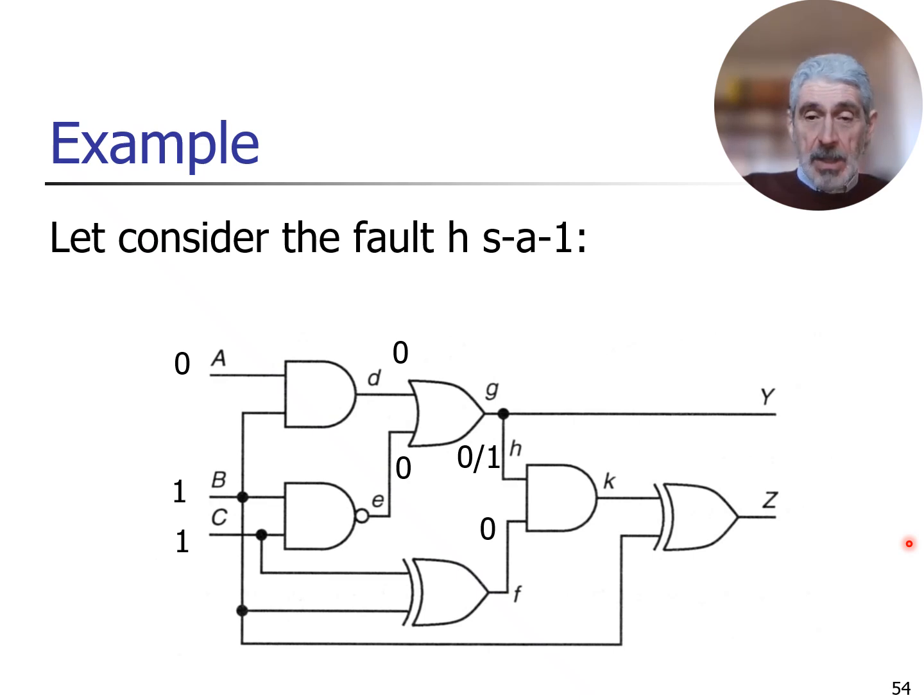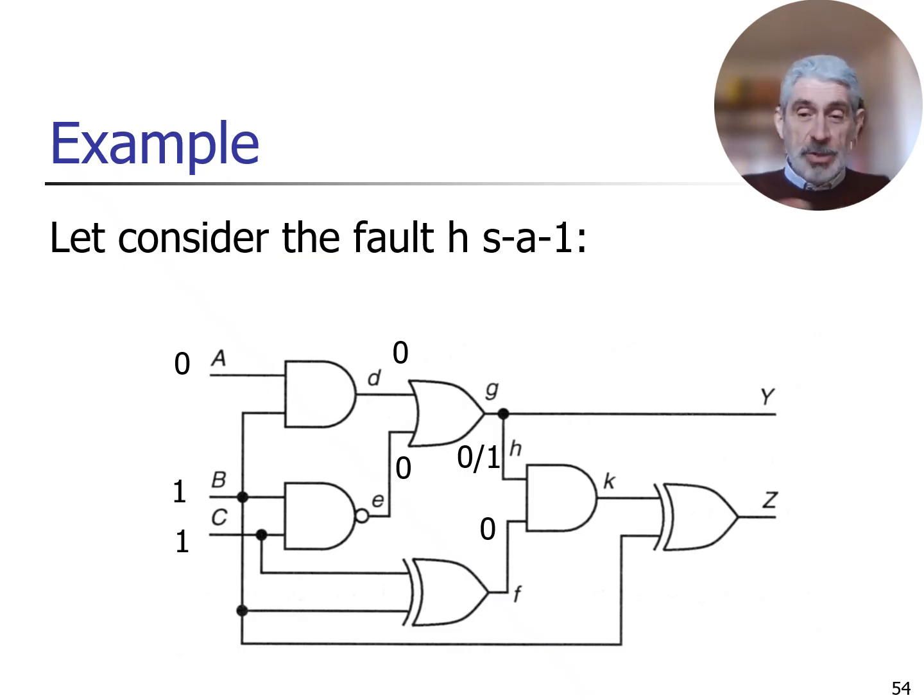In practice, the conditions for exciting the fault are not compatible with the conditions for propagating the fault. Here, the condition for propagating the fault through the AND was that F was equal to 1. But F is equal to 0 if I apply the excitation conditions.